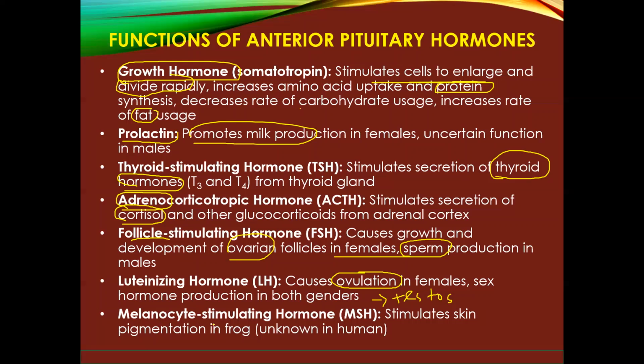And then melanocyte stimulating hormone, the name is telling you, it will increase production of melanin from melanocytes. So in research, it is used to increase the production of pigment in the frog's skin. So the frog skin becomes darker if they receive this MSH.